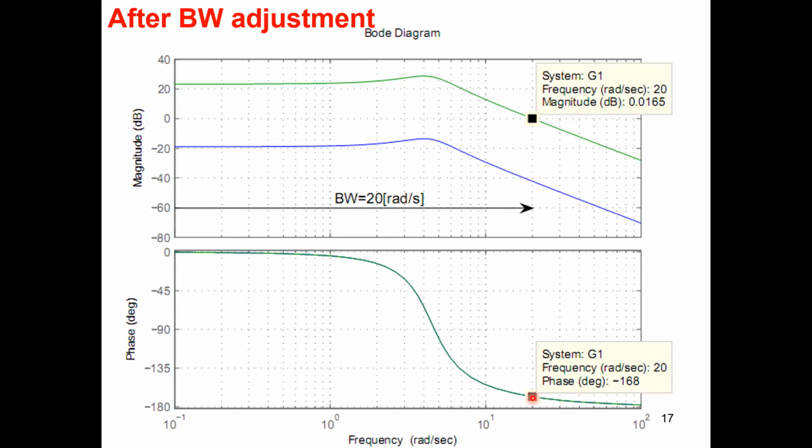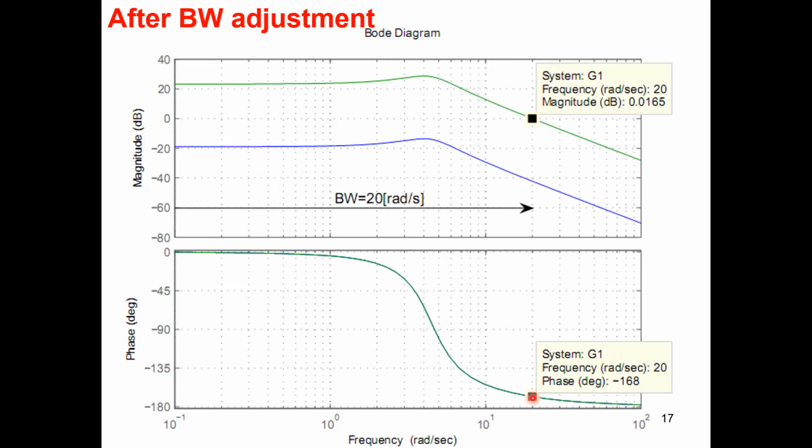But can you be really happy about it? I don't think so. Because 168 means you have only another, how many degrees to 180? 12 degrees.